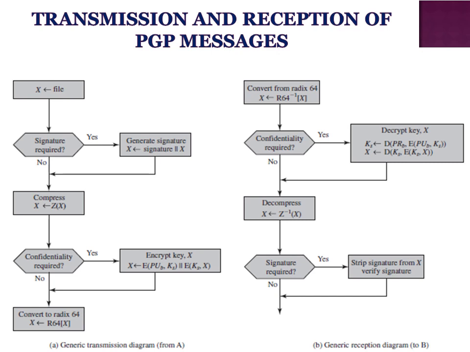Now, if the message is signed, the recipient recovers the transmitted hash code and compares it to its own calculation of the hash code. So this was how confidentiality and authentication was implemented in the transmission and reception of PGP messages, basically by making use of encryption algorithms and authentication algorithms or hash codes.